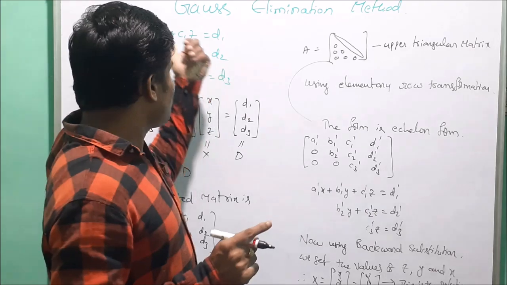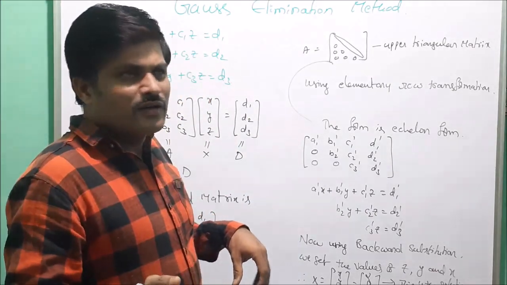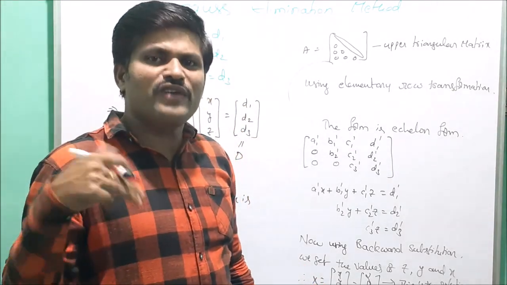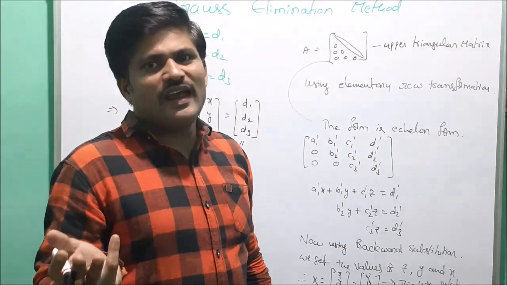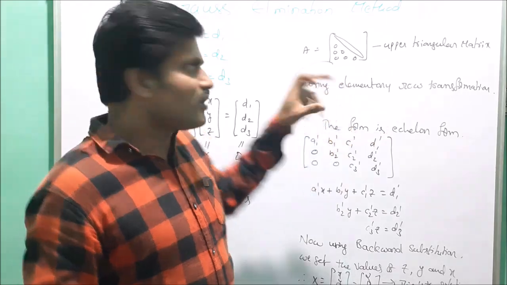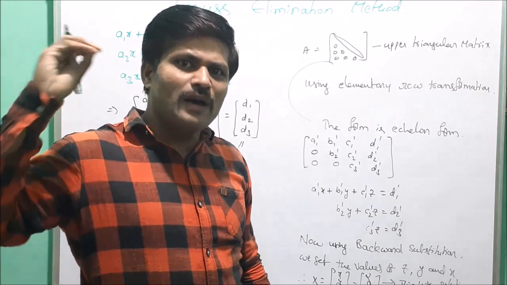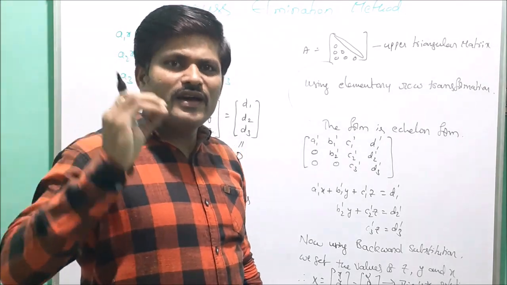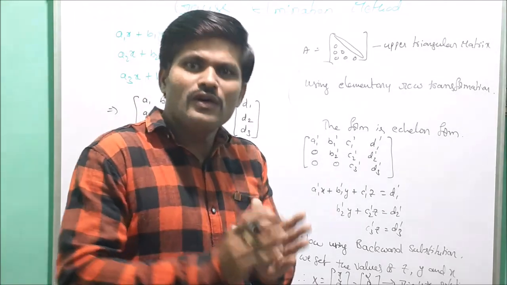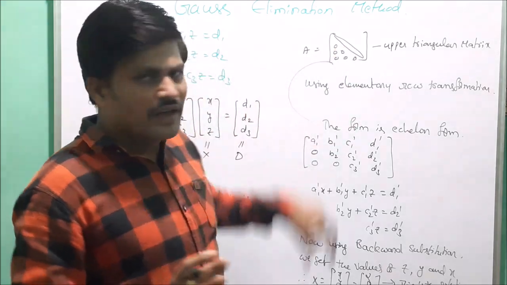Here the coefficient matrix is 3 by 3, but it can be of any order: four variables and 4 equations, 5 variables and 5 equations, and so on. We can use this method to solve any system with 3, 4, 5, 6 variables and so on, and similarly 3, 4, 5, 6 equations. The number of variables equals the number of equations. So this is the procedure of the Gauss elimination method.